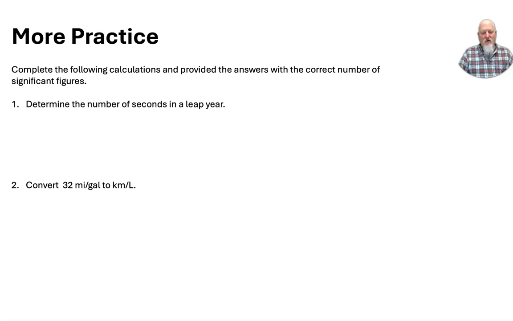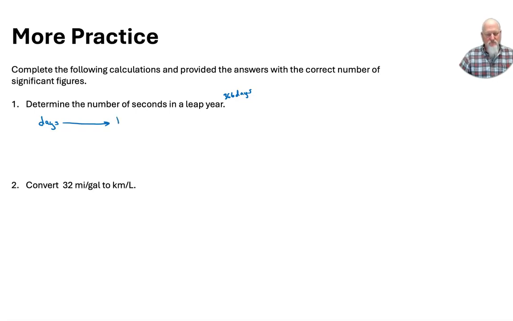We'll come back. Okay, so hopefully you've done those. Let's check. So we want the number of seconds in a leap year. A leap year is 366 days. Okay, so let's start with days. We need to go days to what?